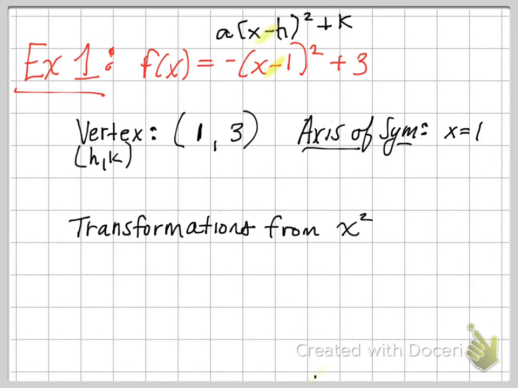It's just a negative 1. So it isn't greater than 1 or less than 1, so it means that its width is the same as x squared, but it's negative, so it's flipped over the x-axis, right? So we can say it's reflected over the x-axis. And we can say that because a is negative.